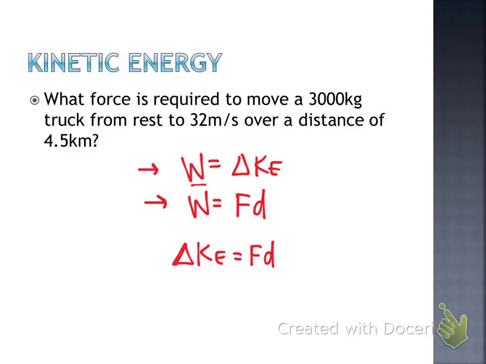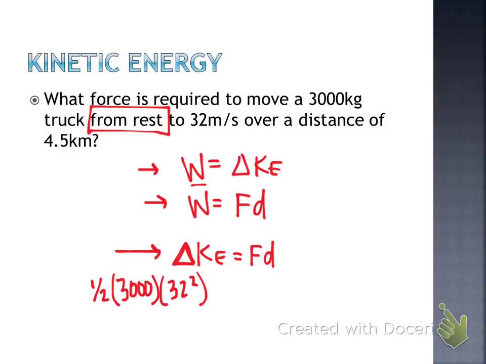Okay, so I'm just going to work from this last equation right here. Change in kinetic energy would be final kinetic energy minus initial. And what's my initial kinetic energy here? 0, because it starts from rest, right? So it can't have any kinetic energy if it's at rest.